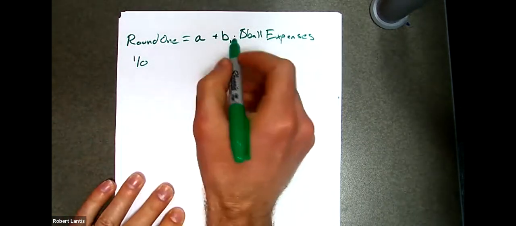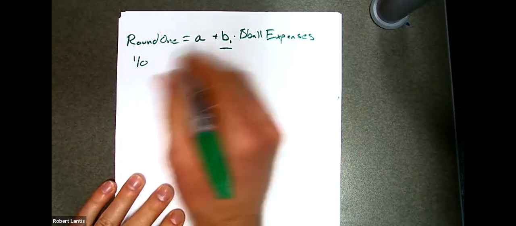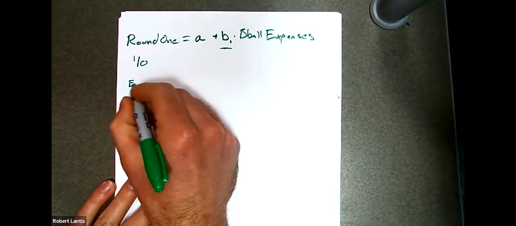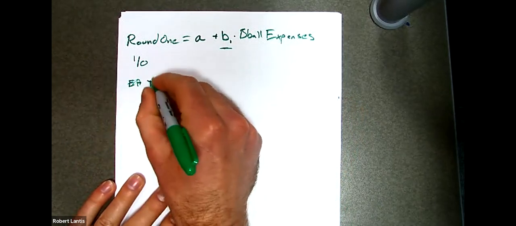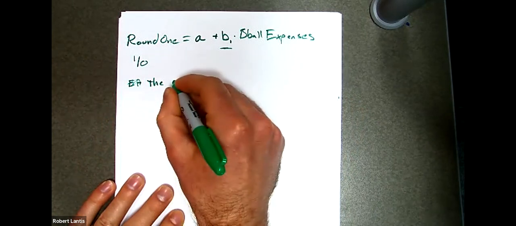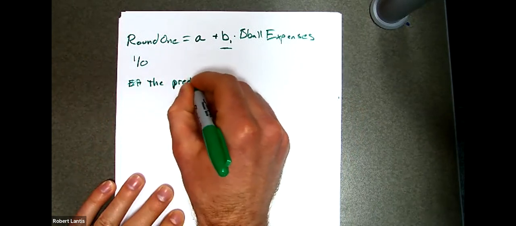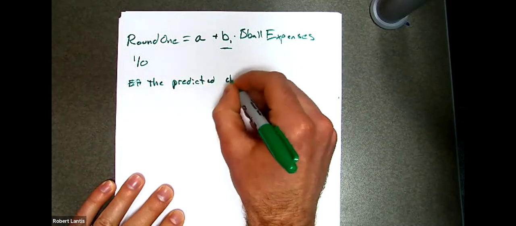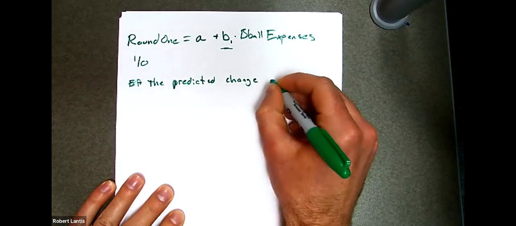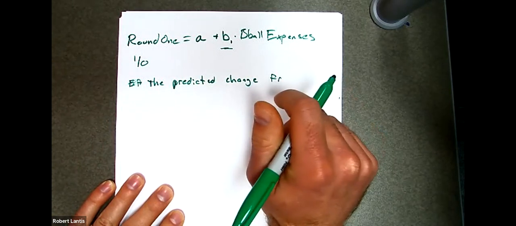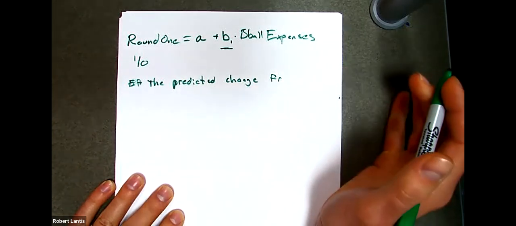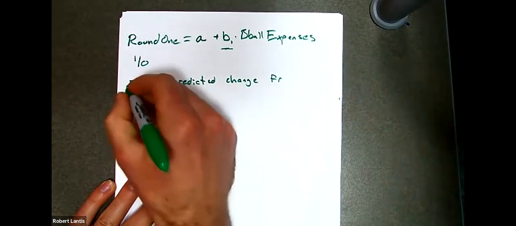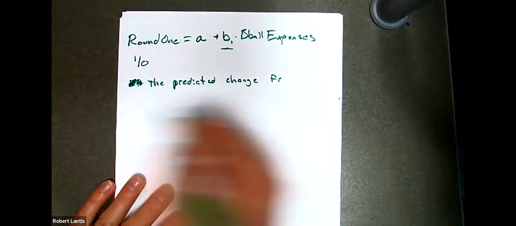So usually the way that we interpret this slope coefficient is we say it's the effect of, the predicted change from, oh, no, I crossed this out. Sorry. I started writing something and I decided to change.